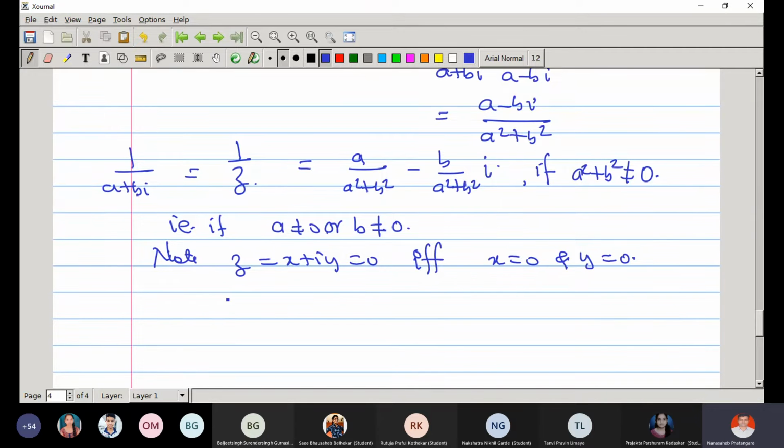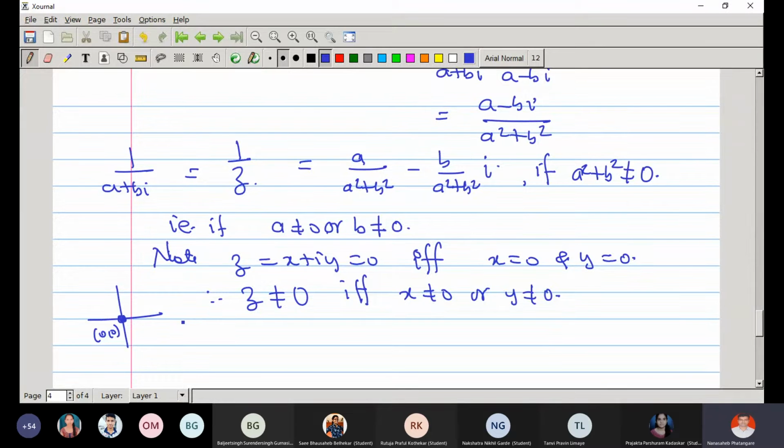Therefore, the complex number is not 0. What is the negation? If and only if x is not 0 or y is not 0. Right, its real part is not 0 or its imaginary part is not 0. If one of them is non-zero, we say that the complex number is non-zero. Because in the complex plane, this is the 0, 0 complex number. Anything different from this is a non-zero complex number.